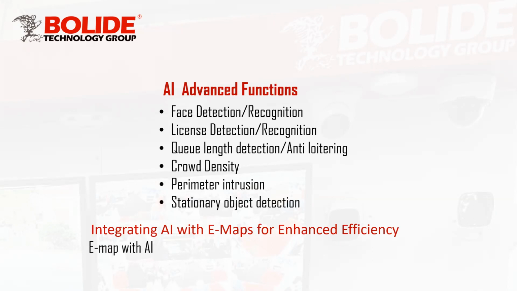The first one we're going to cover is face detection and recognition. This is an analytic that will scan and use unique features on your individual faces to separate each other. So what you could do is make a complete database from it and add in a block list, and use it for various applications.